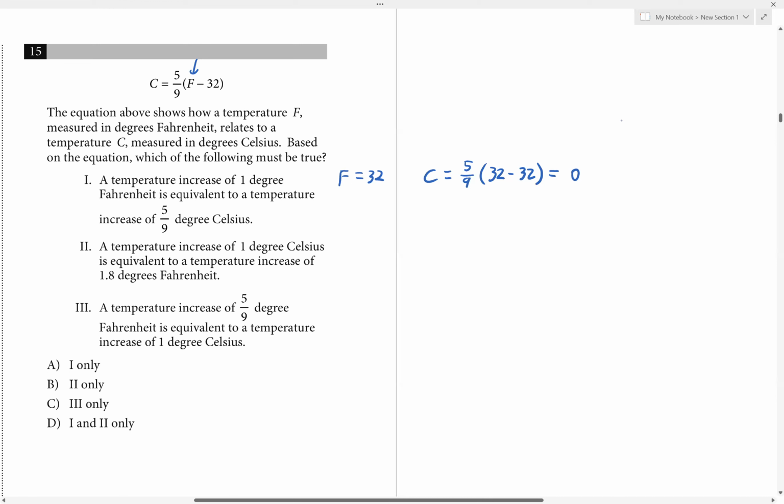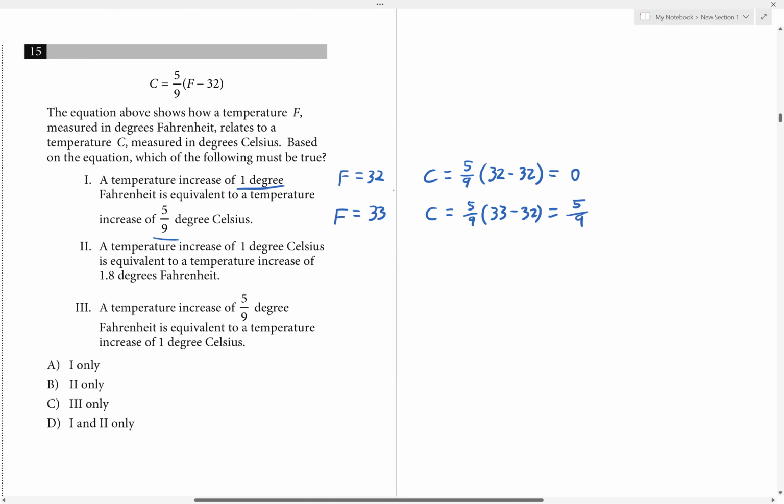Now they say if we increase it by 1 degree, the Celsius should increase by 5/9. If we try that, the Fahrenheit is now 33 degrees, so we increased it by 1. The Celsius will be 5/9 times 33 minus 32. 33 minus 32 is 1, so 1 times 5/9 is 5/9.